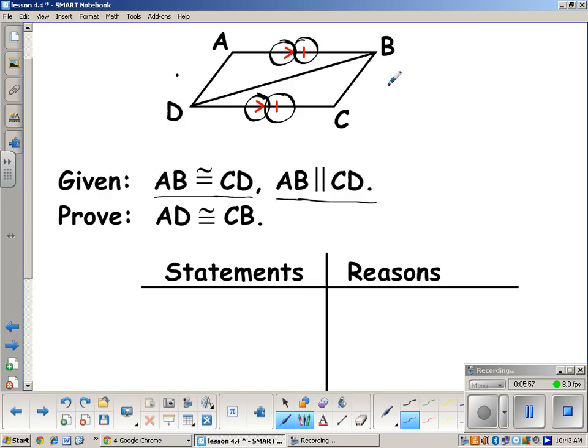Now, it's important to notice that they told us that these lines are parallel and that these are congruent. Okay? So, what information could I move around or imply or have indirect information because I have two parallel lines?